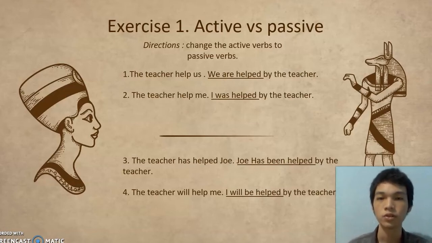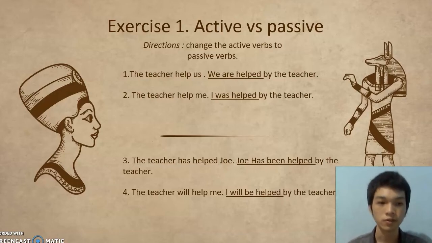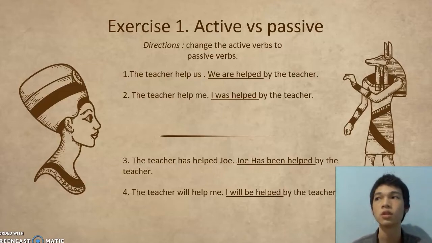Here's the answer for exercise 1. For number 1, "The teacher helped us," the passive is "We are helped by the teacher." The basic of active versus passive is actually pretty simple. The active is a sentence that you say directly, like "The teacher helped us," or "Eat your food," or "Have a seat."